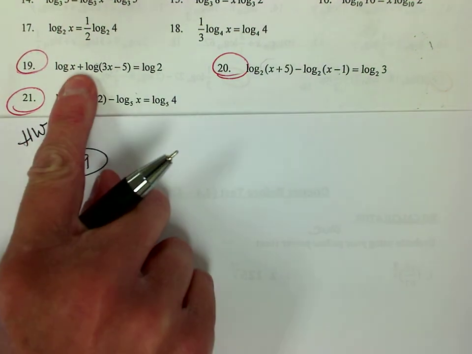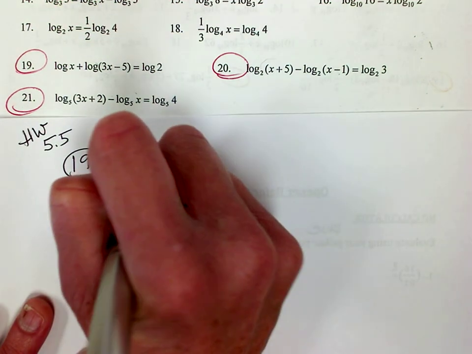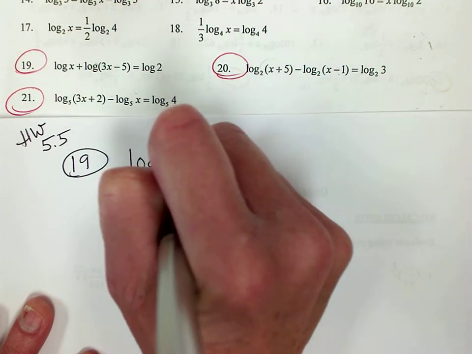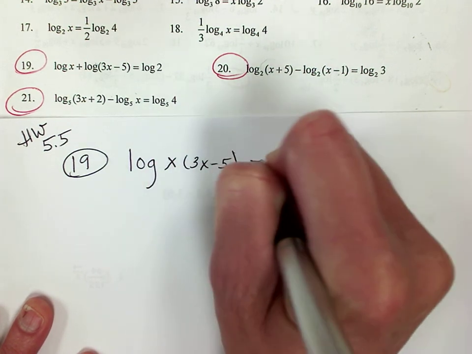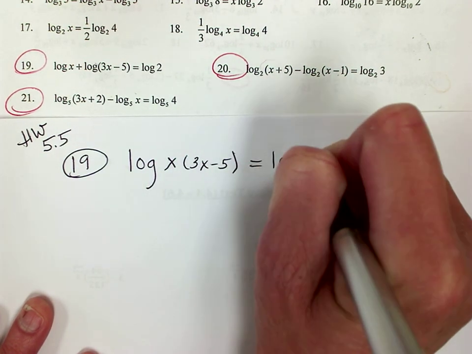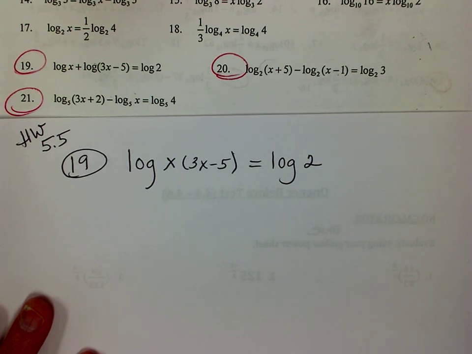This addition sign means to multiply the two arguments. And I don't have any exponents, so all I'm going to do is log, and I'm going to take x times 3x minus 5, and that's equal to log 2. That's what you're going to do first. The next thing you're going to do is cross off the logs because now they're condensed.